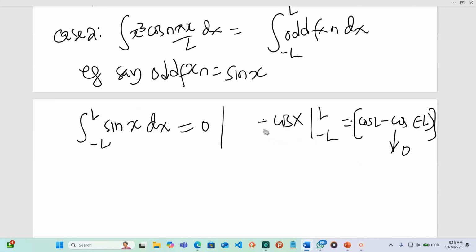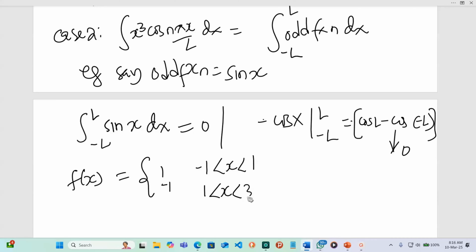Usually this changes when you're dealing with some piecewise functions. With some piecewise functions, it will be a little bit different, whereby you need to put the whole function. For example, you can have f of x equal to 1 for negative 1 less than x less than 1, then equal to negative 1 for 1 less than x less than 3.